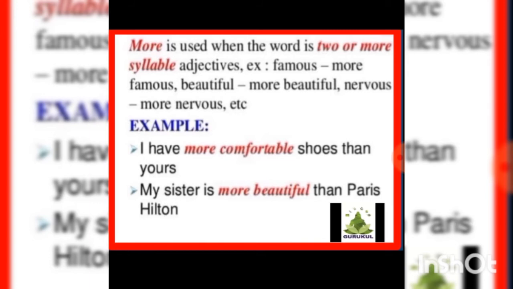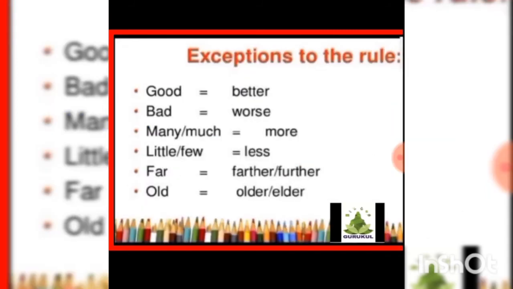You can see the examples. First one: I have more comfortable shoes than yours. My sister is more beautiful than Paris Hilton. Okay, now children, there is a second rule.